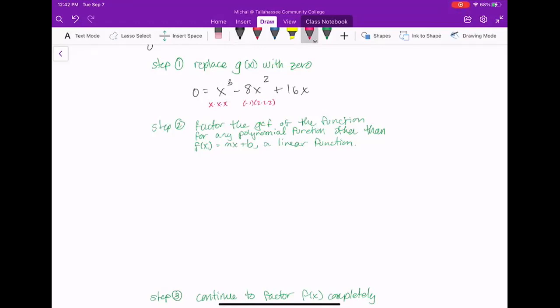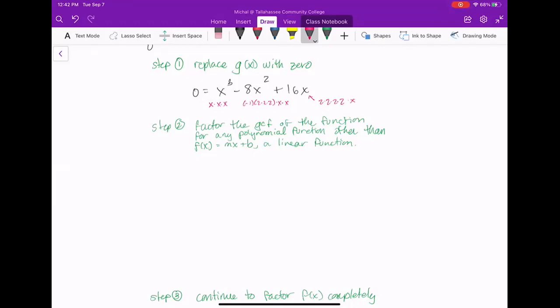If I do 2 times 2, I get 4, times another 2 is 8, times x times x. And for 16x, another 2 times 8 gives me 16. So I just have 2 times 2 times 2 times 2. 2 to the power of 4 is 16, times x.